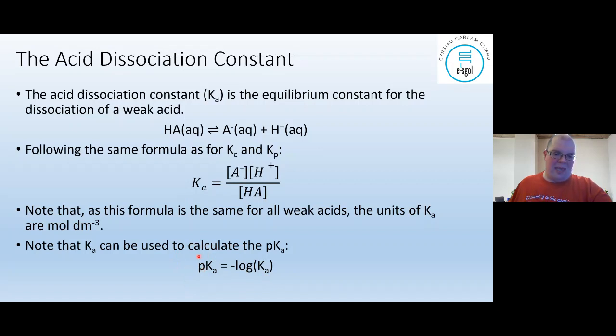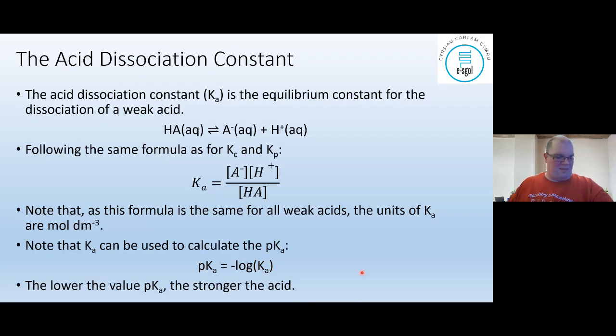But to work out pKa, it's simply negative log of Ka. The reason we do that is basically to make the numbers a bit simpler, a bit easier to handle, and we end up with the lower the value of the pKa, the stronger the acid. Which means that if we work out the pKa of 2 weak acids, we can work out which one is a bit stronger, dissociates a bit more in water.